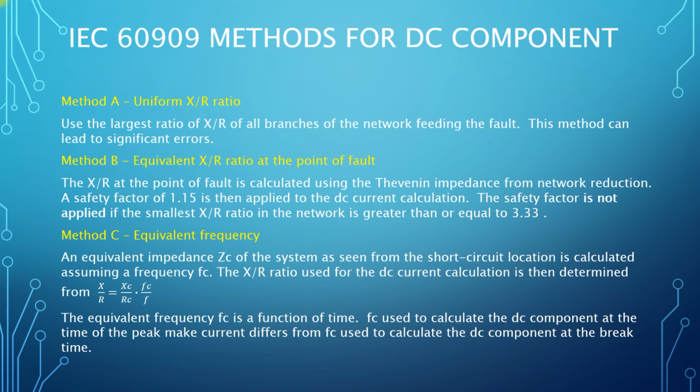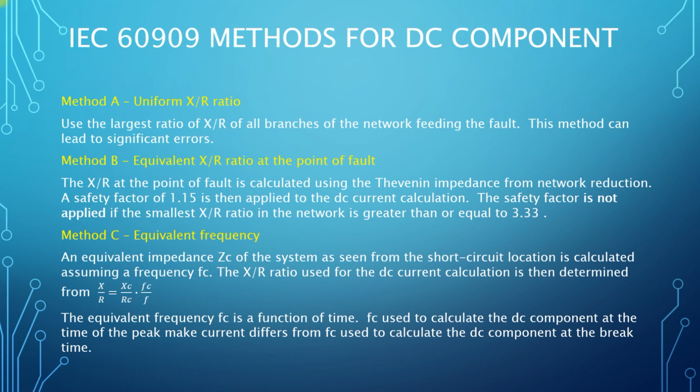The X upon R ratio used for the DC current calculation is then back calculated from the X upon R ratio that's just been calculated at the frequency Fc times Fc divided by F.